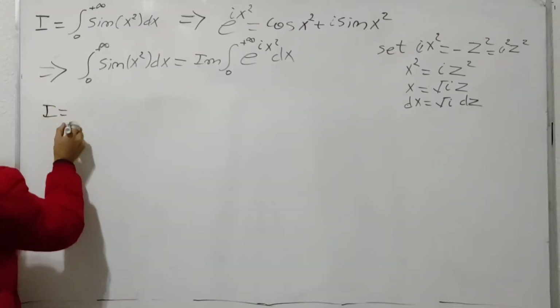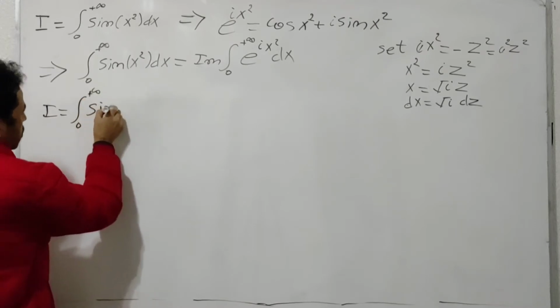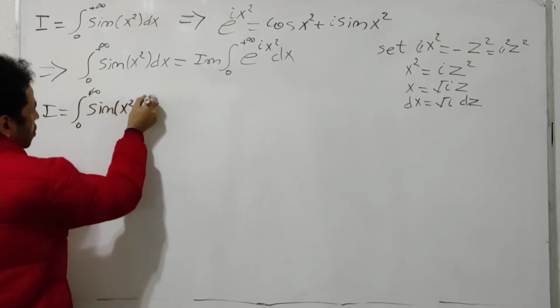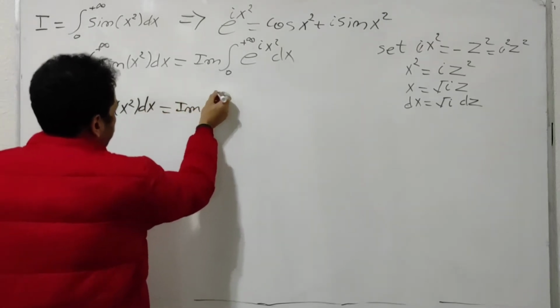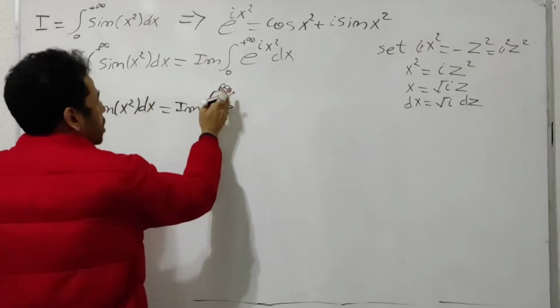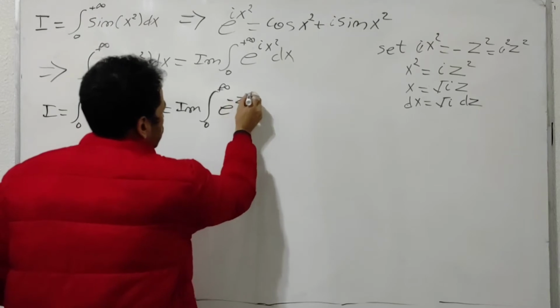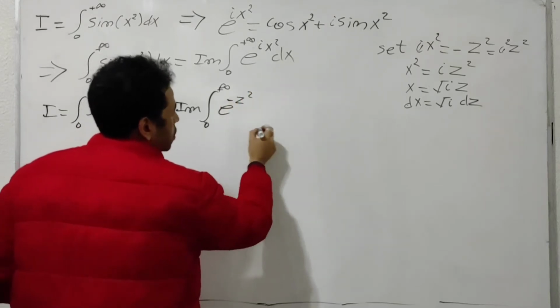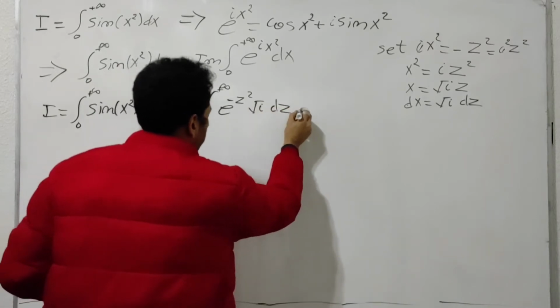Okay, so I'm going to plug this information into this integral. I will get the integral as x goes from 0 to plus infinity of sine of x squared dx equal to the imaginary part of this integral, where I already replaced i x squared with minus z squared, and dx was square root of i dz.